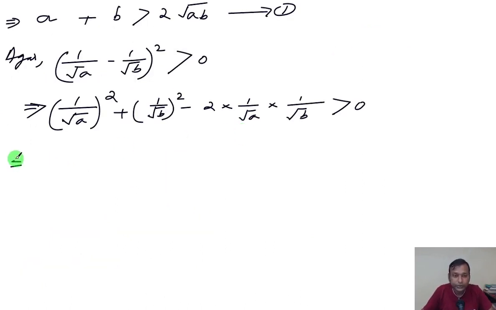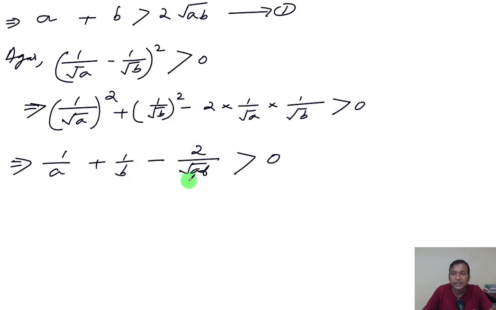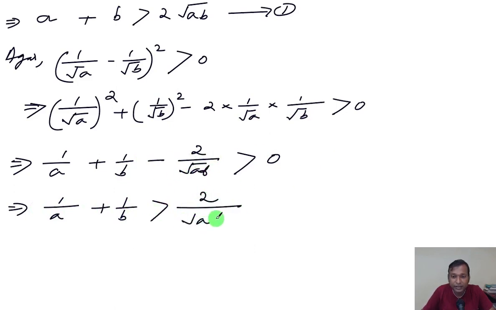This equals 1 by a plus 1 by b, because 1 square is 1, root a square is a, 1 square is 1 and root b square is b. Root a into root b is root ab. Shifting these to the right hand side, this minus will become plus. Let it be equation 2.